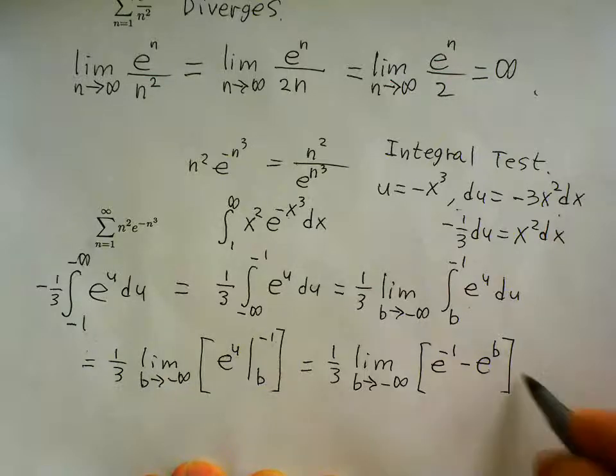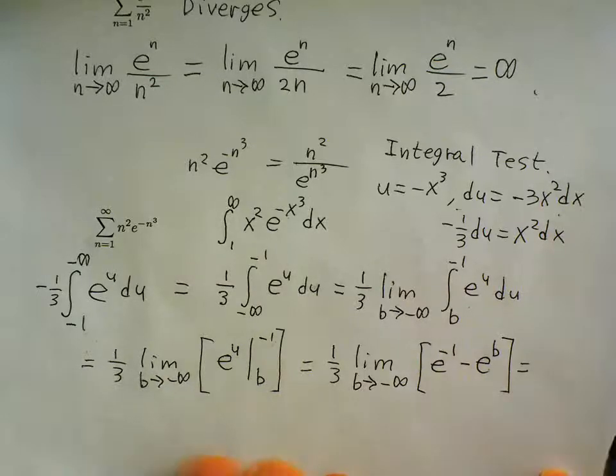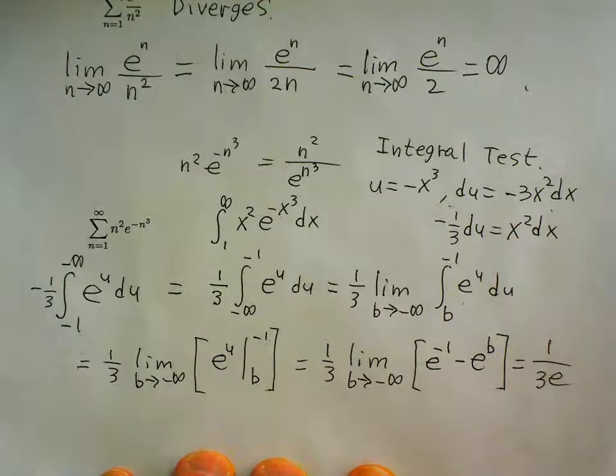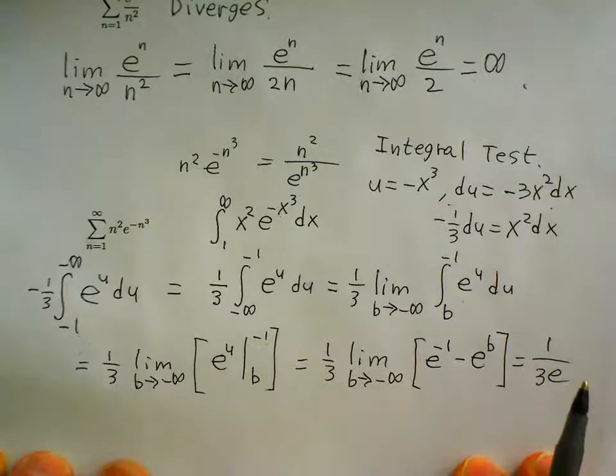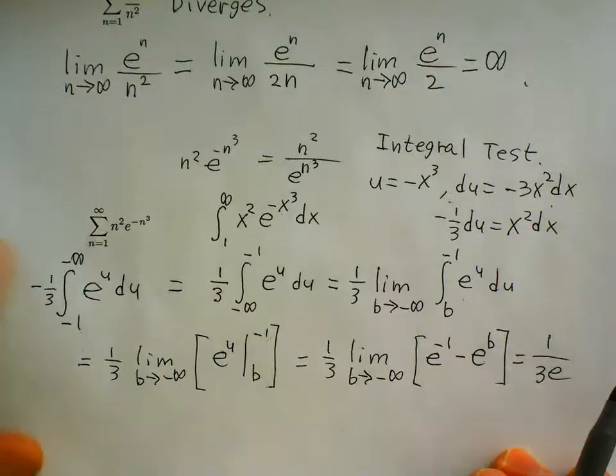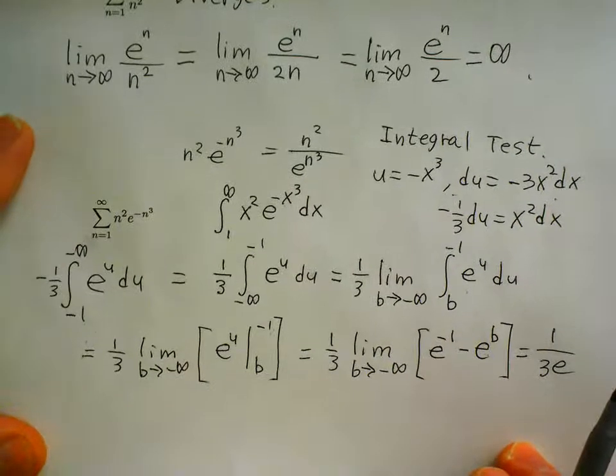And so the limit is just 1/3e, which is a finite number. So since the improper integral converges, the series converges.